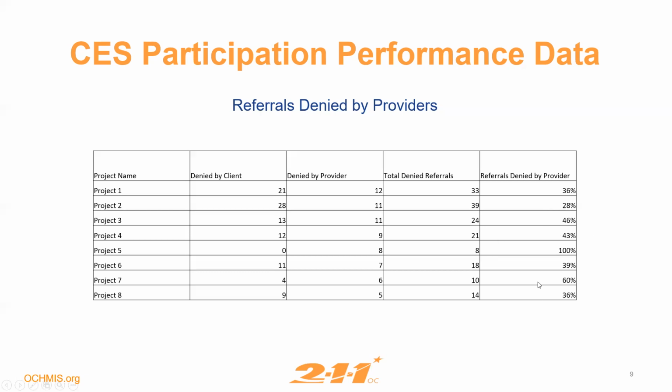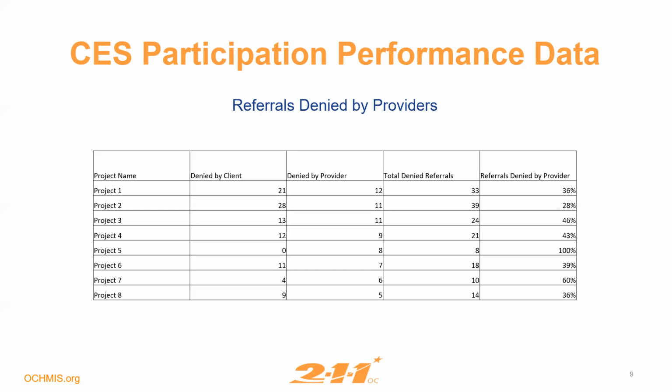But I thought it might be worth looking at. If a provider has a high amount of matches that they denied, why is that happening? Is it something the matchmaker isn't understanding about their eligibility?